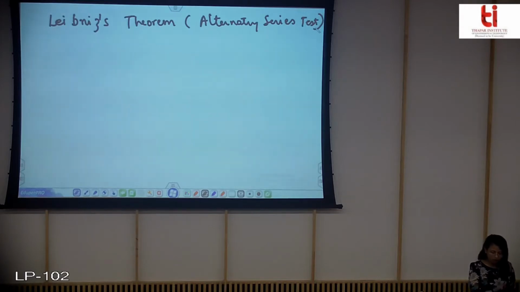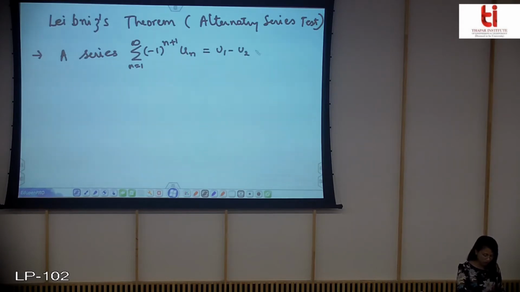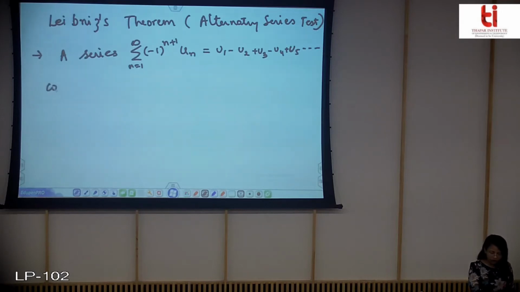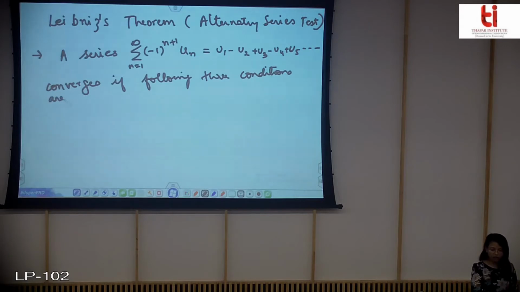So the theorem says that a series that is alternating, meaning you have positive and negative signs alternately, suppose you have this alternating series, converges if the following three conditions are satisfied. So let us see what those three conditions are.